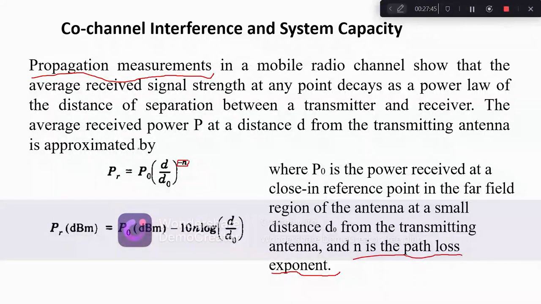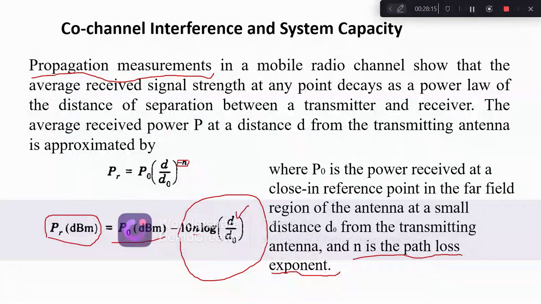So this simplified link equation just relates d, d naught, P naught and Pr. You can write it in this format, in dBm: the received power is whatever you have transmitted, and you take away from it this term, which has the propagation effect and the distance effect.